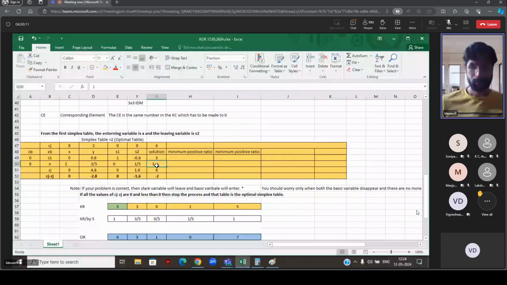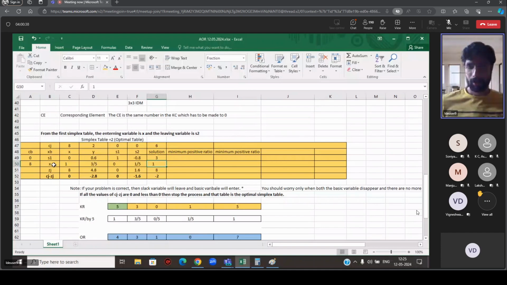You understood? Yes, sir. So if the corresponding x value in the solution was 3, we would be considering 3 as the x value, right? If x was in this row, then the corresponding solution is 3.